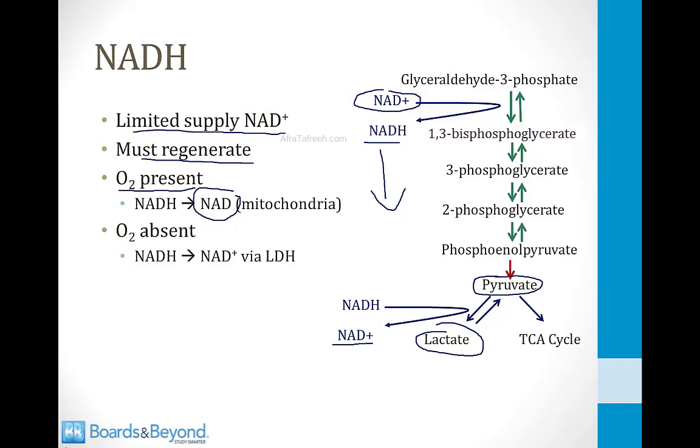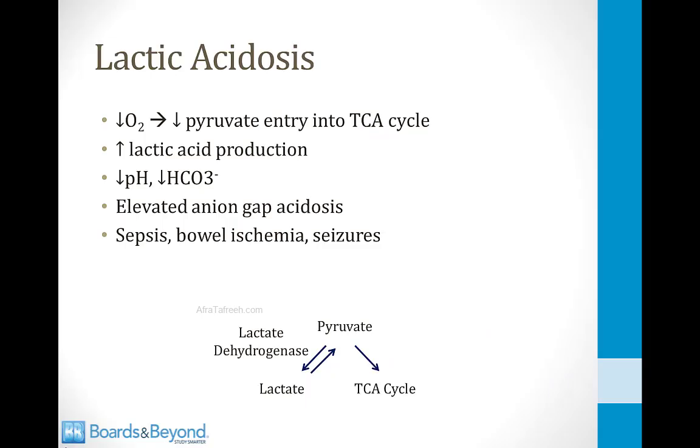However, if O2 is not present, then the TCA cycle and oxidative phosphorylation are not available. In this case, the conversion of pyruvate to lactate is very important for regenerating the NAD molecules that the cell needs in order to keep conducting glycolysis. A very important and high-yield clinical correlation of this fact is lactic acidosis. When there's decreased oxygen around, there's less pyruvate entry into the TCA cycle.